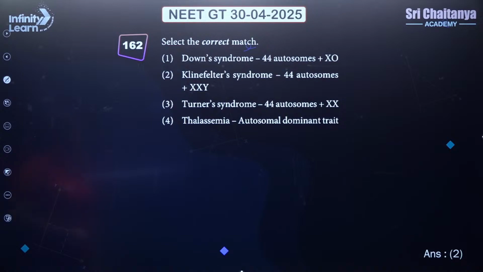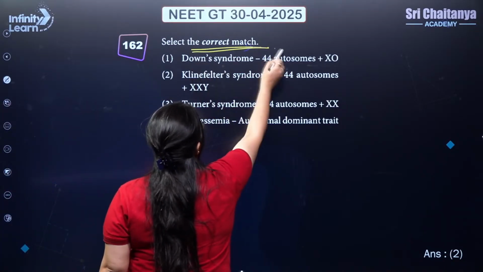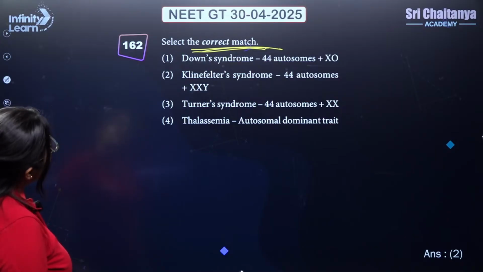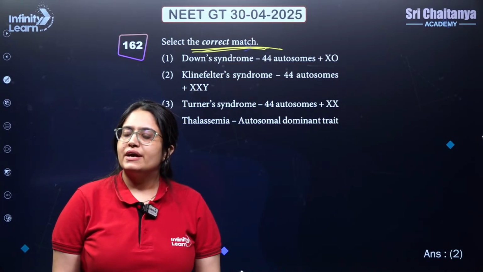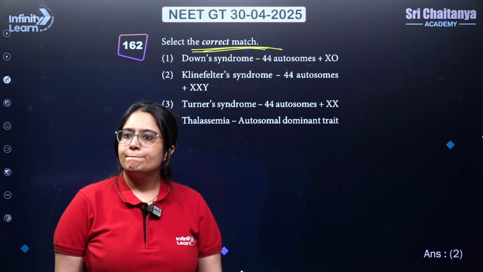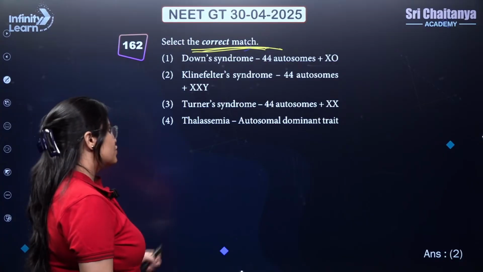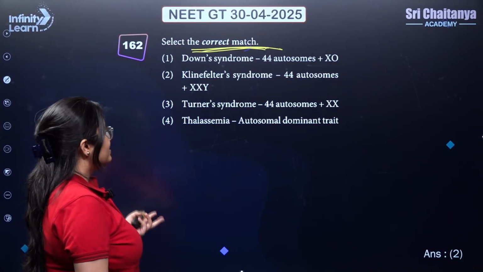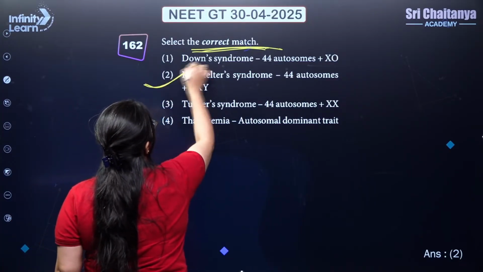Select the correct match. If you see over here, my dear students, the second option, Klinefelter syndrome, 44 autosomes, 2X and 1Y, is the correct match.